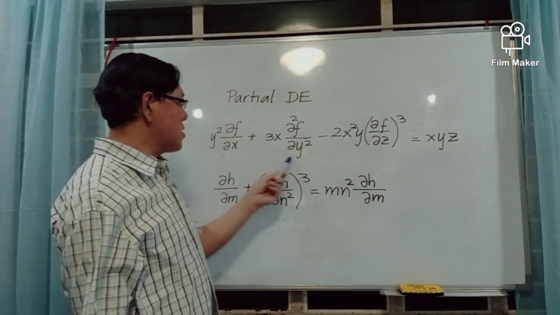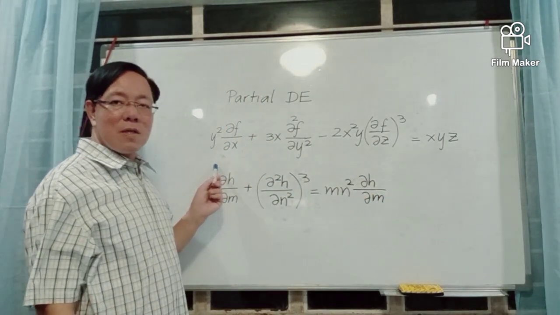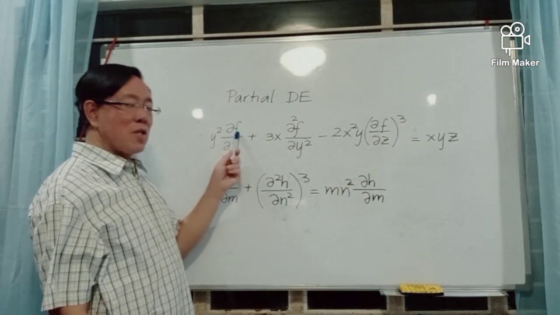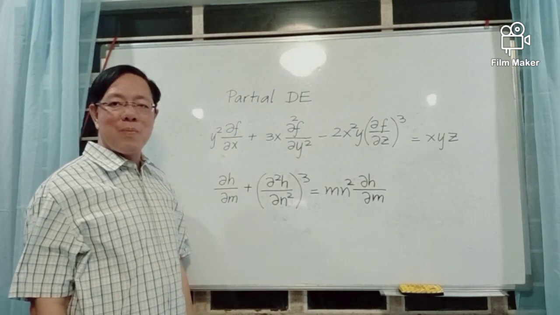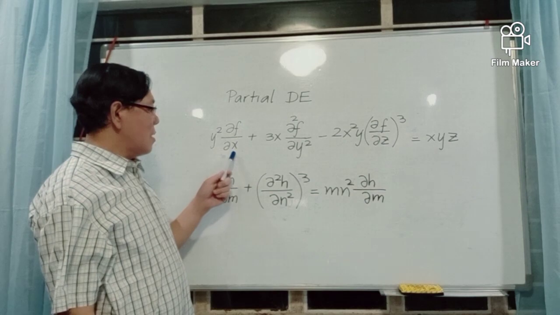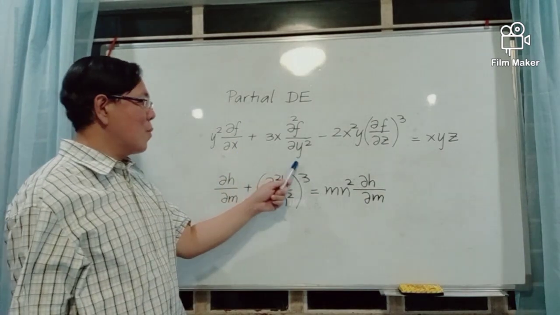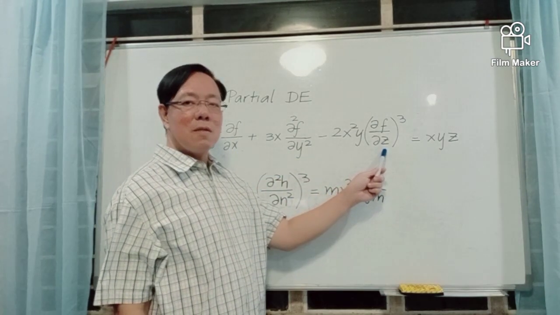In this differential equation, you can see that the function f is a function of three independent variables, x, y, and z.